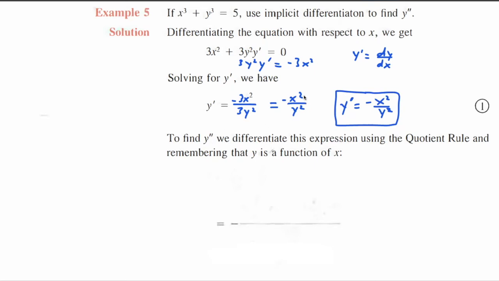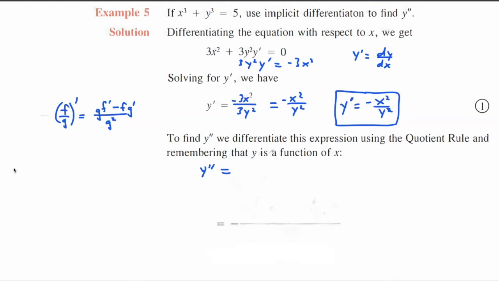Now remember, we have a function divided by another function, and when we're taking the derivative of a quotient of functions, it's going to be equal to this formula that we derived: g on the bottom is going to be squared on the bottom, then it's going to be g times the top derivative minus the top times the bottom derivative. Okay, so using that, we have y double prime will be equal to, let's take the negative out.